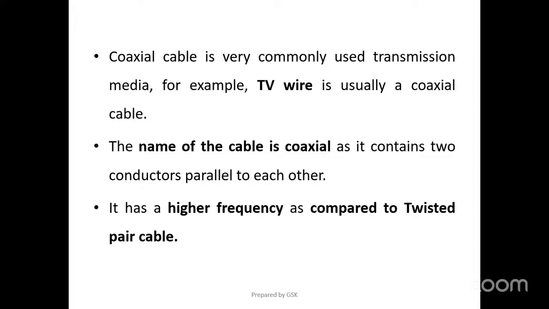Coaxial cable is a very commonly used transmission medium in TV wire. The name is coaxial as it contains two conductors parallel to each other, maintaining the same axis. It has higher frequency compared to the twisted pair cable.